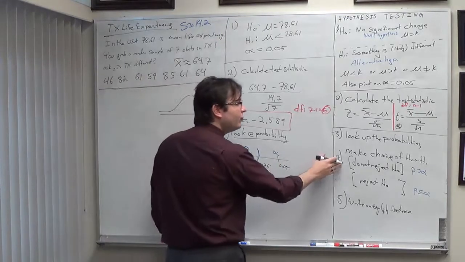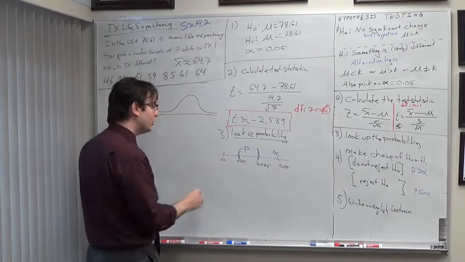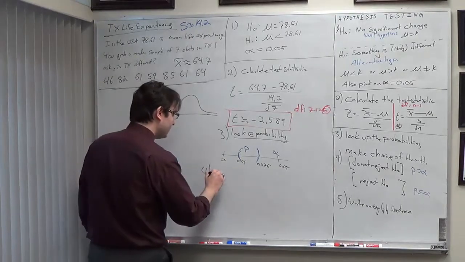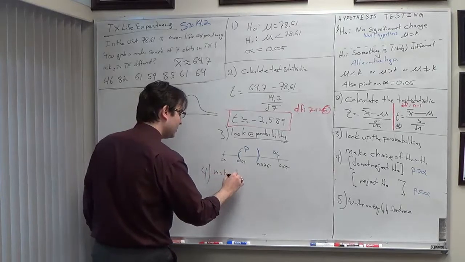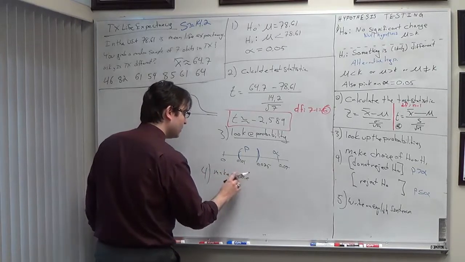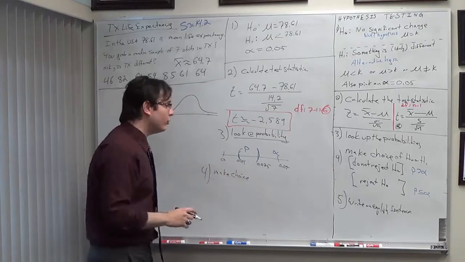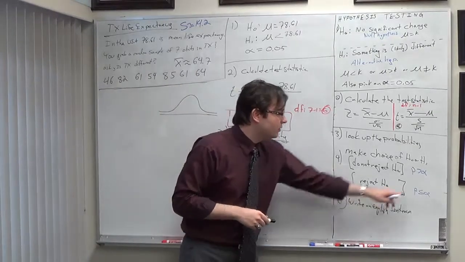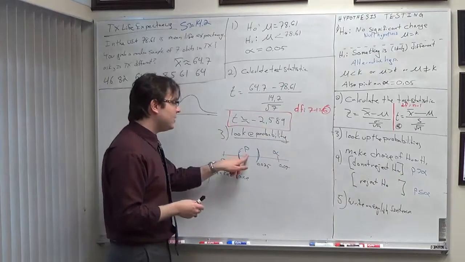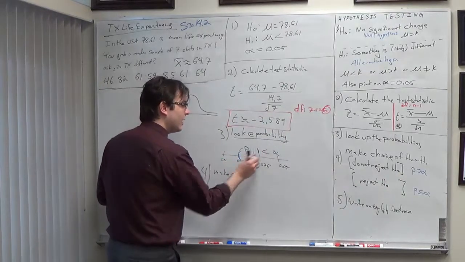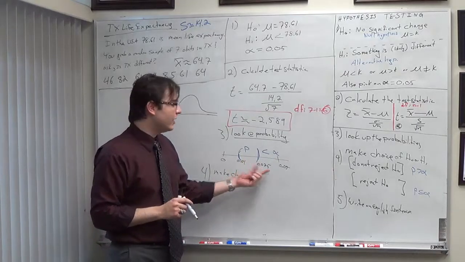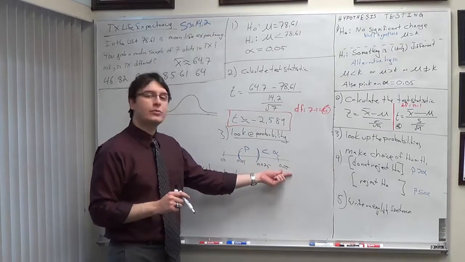Step 4 is you make a choice of null or alternative hypothesis. So you make your choice in the normal way. We're comparing our p-value to alpha. P is smaller than alpha in this case because P is somewhere between 0.01 and 0.025, and 0.05 is very much here on the right side of the number line.